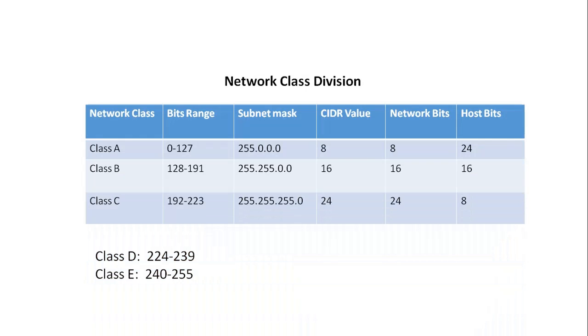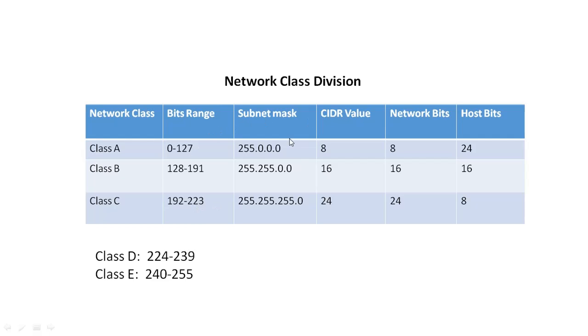And here we'll be learning the types of network class division. You can see there are Class A, Class B and Class C networks, and then the bits range. Class A network ranges from 0 to 127. Class B ranges from 128 to 191, and Class C network ranges from 192 to 223.